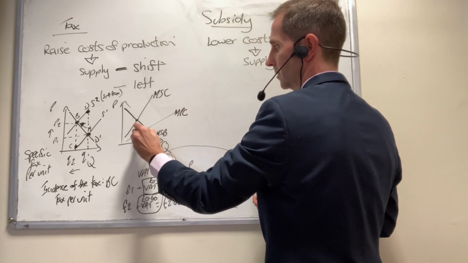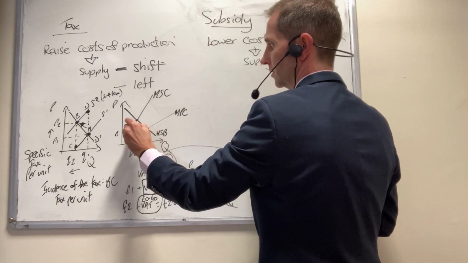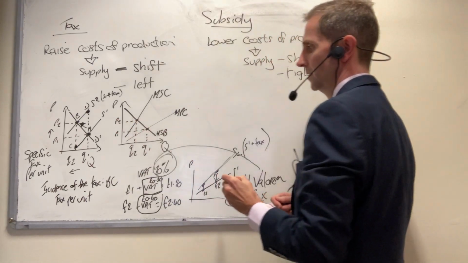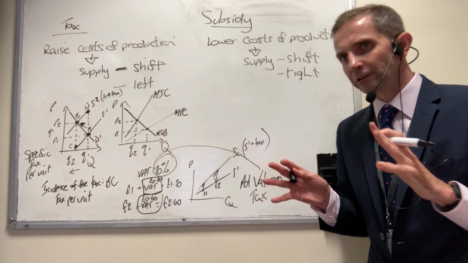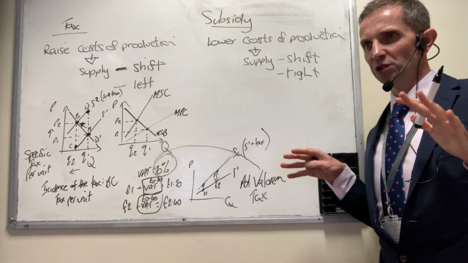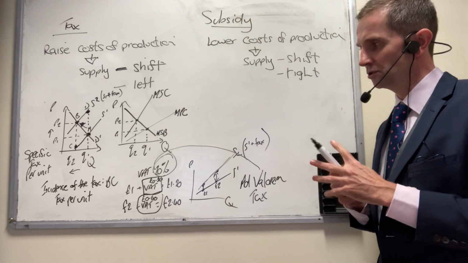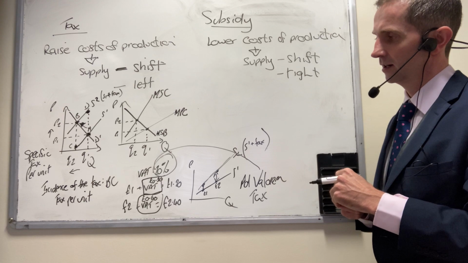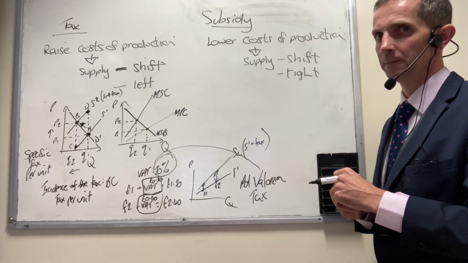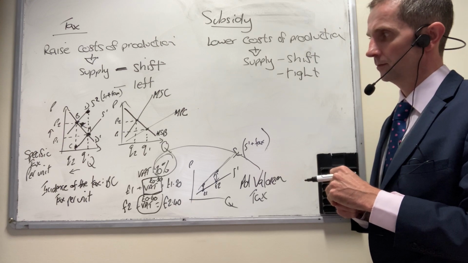Q1, Q2, P1, P2. So on our new diagram, which of those positions is the socially optimum, the allocatively efficient, Manisha? Yeah, okay.